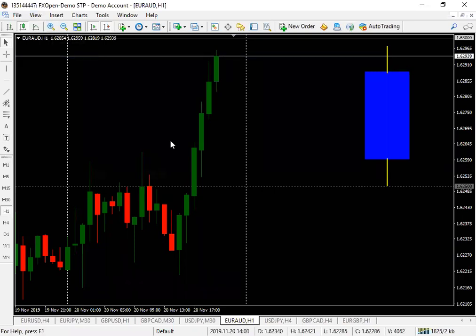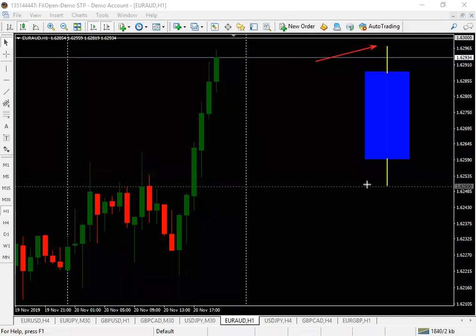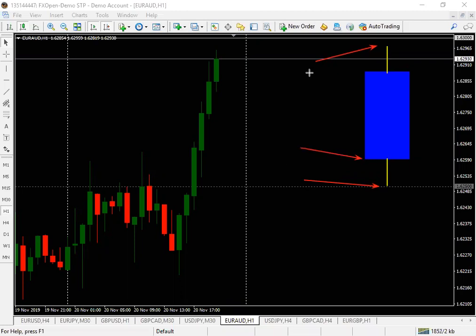And it gives us a representation of where the market peaked on the upside, and where the market peaked on the downside. So if this is an up candle, meaning the candle is green, that means it opened low and closed high. I know we've done this, but we just need to do a quick recap.